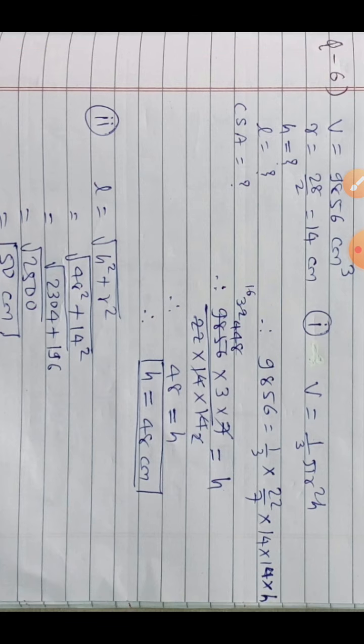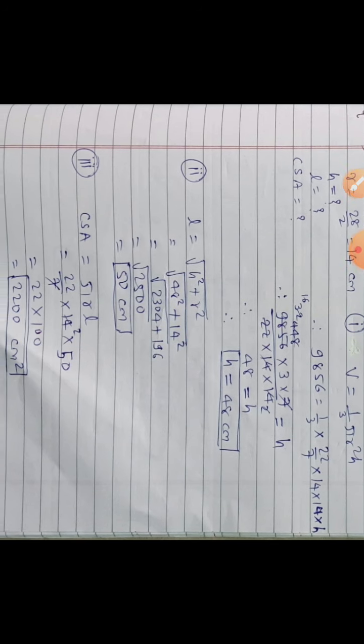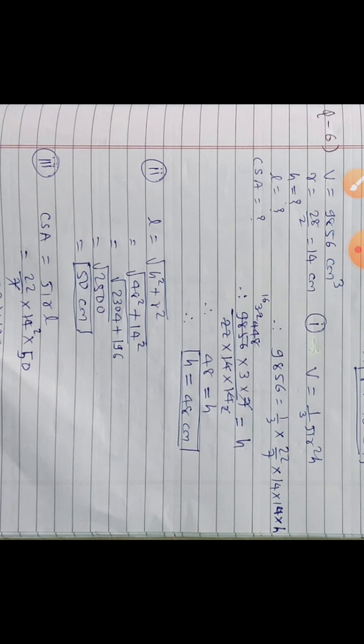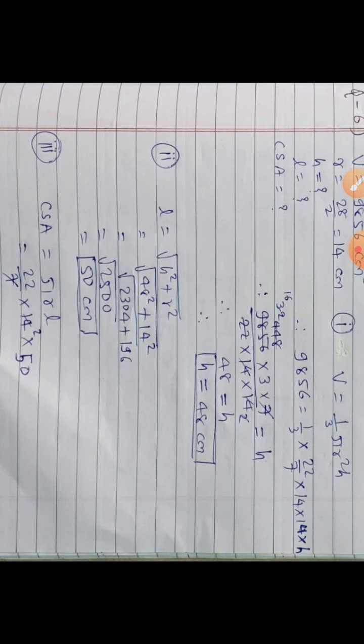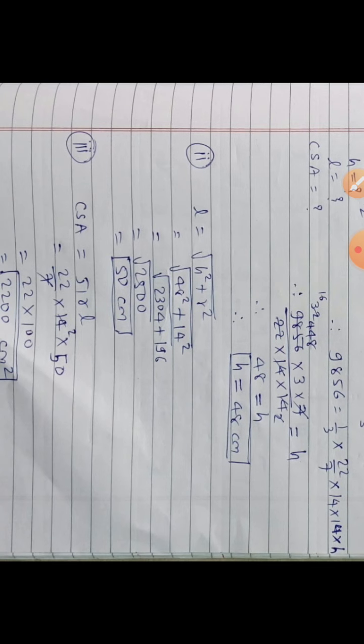We cannot find L first of all, so in this sequence only we can go ahead. Suppose you were asked CSA directly, then also you have to go through all these steps. Why? Without H, you cannot find L. Without L, you cannot find CSA. So that is the sequence.